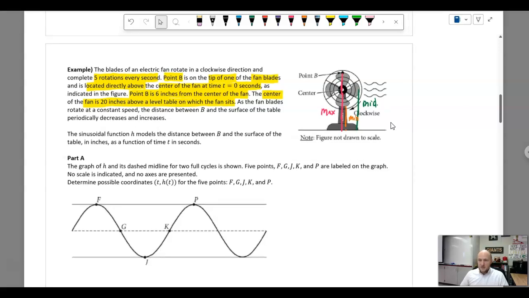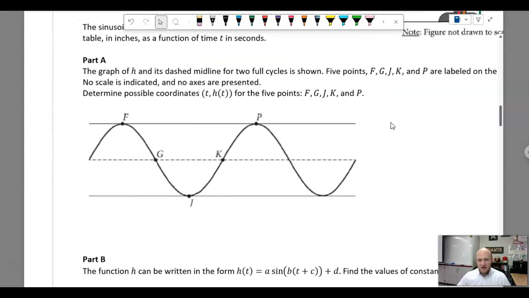Okay, so here's part A of FRQ number 3. They say the graph of H and its dashed midline for 2 full cycles is shown. 5 points F, G, J, K, and P are labeled, so you can see those 5 points here. No scale is indicated and no axes are present. Determine the possible coordinates t and then h at t for the 5 points.